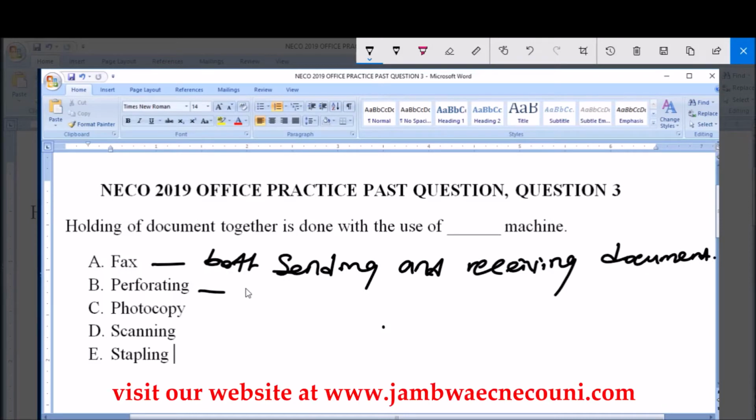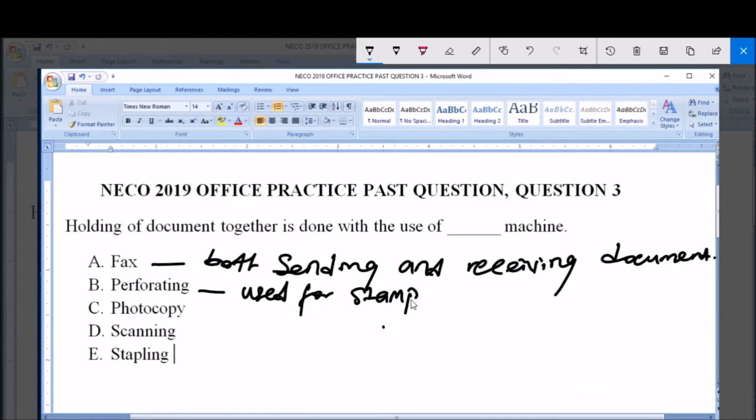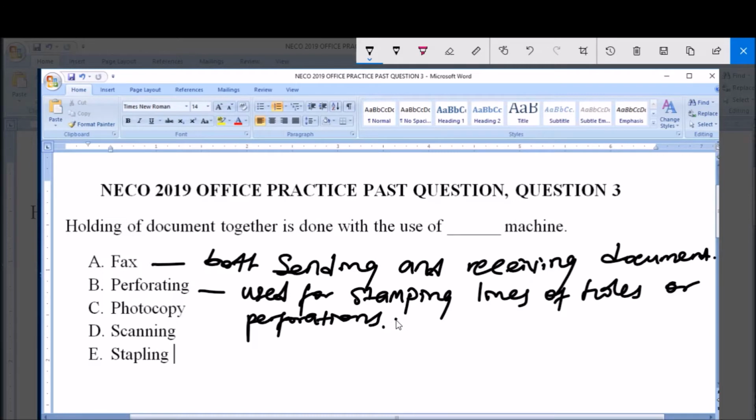Then B says perforating machine. Now perforating machines are used for stamping or making lines of holes or perforations in documents, that is on the paper, for the purpose of what?